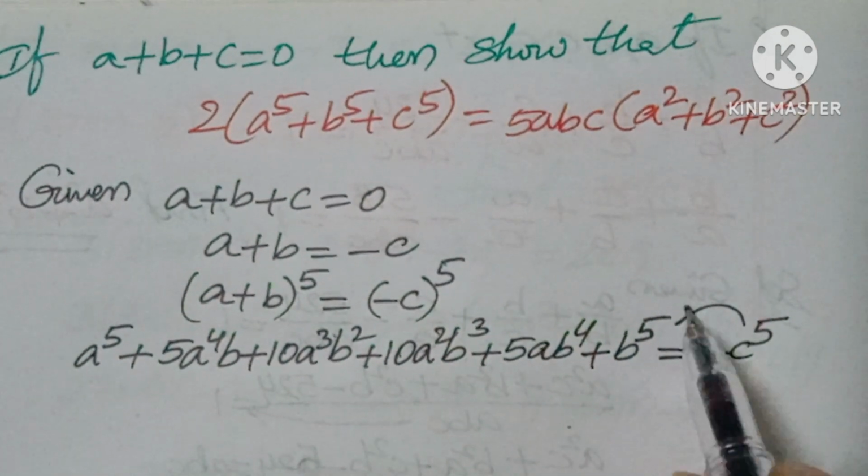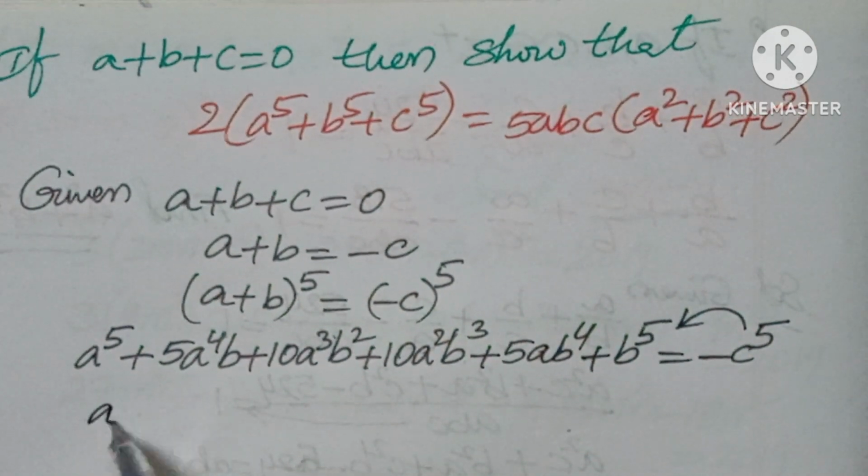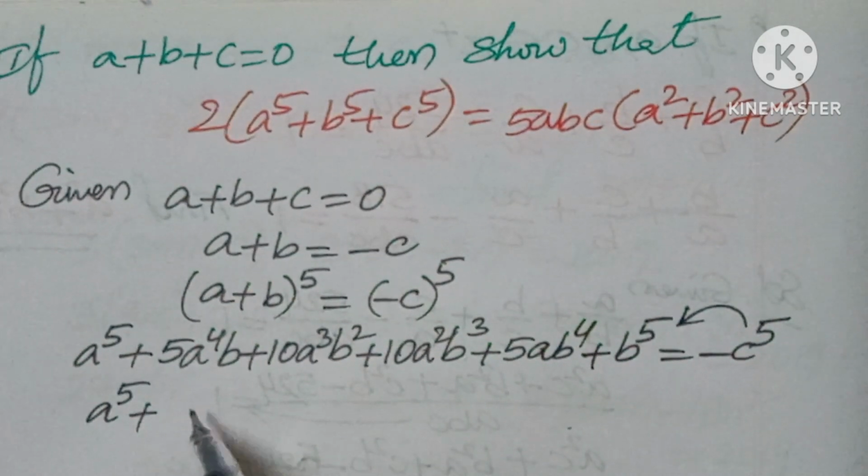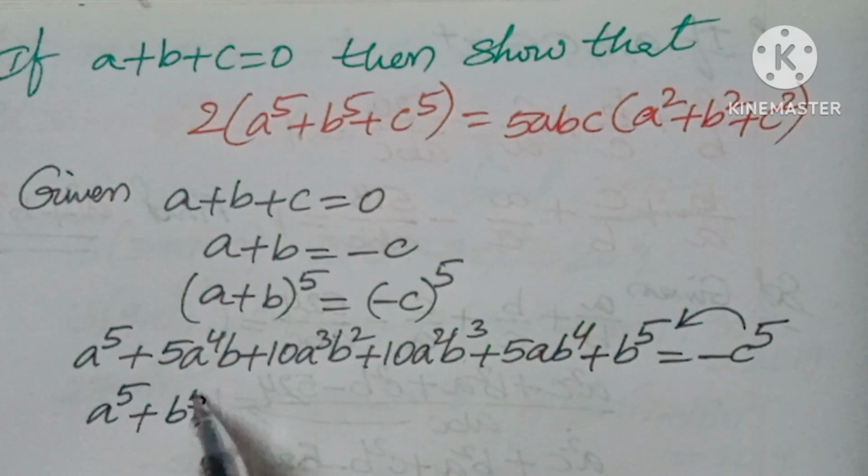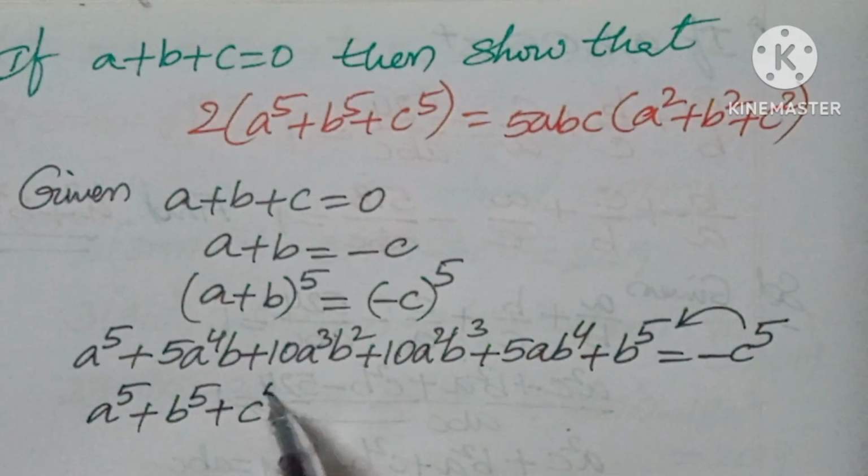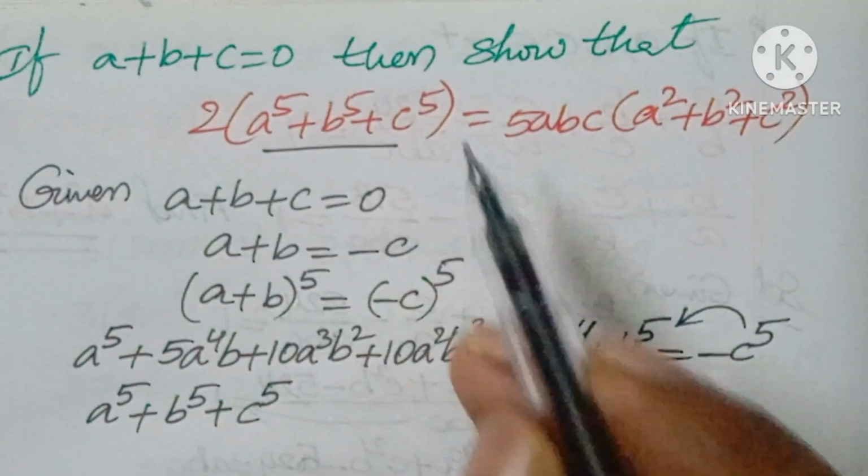So send the c power 5 to this side. a to the power of 5 plus b to the power of 5 plus c to the power of 5. Now you got this part.